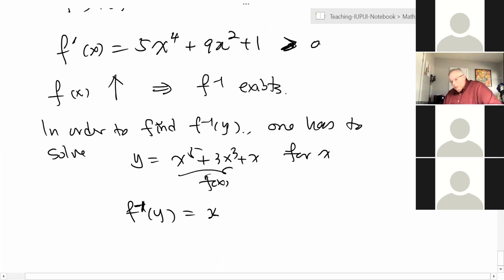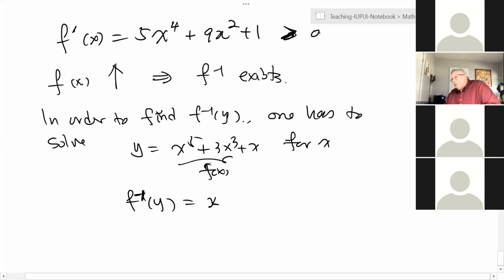Just move f to the left-hand side. But are you able to solve it? Now, this is a polynomial of degree 5. I don't have any formula I can use to solve for x. So it's impossible. But I know the inverse exists.